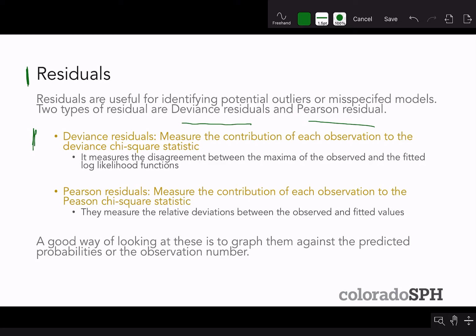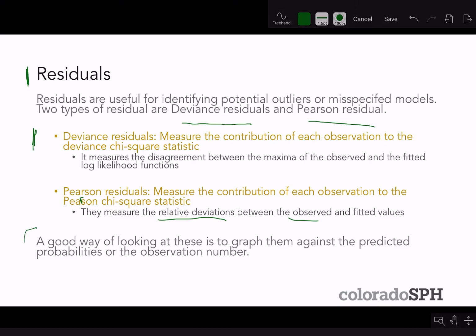Basically, these measure the disagreement between the maximum of the observed and the fitted log likelihood functions. The Pearson residuals measure the contribution of each observation to the Pearson chi-squared statistic. Basically, the relative deviations between the observed and the fitted values.